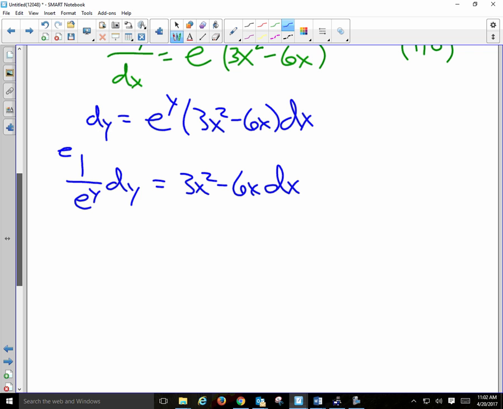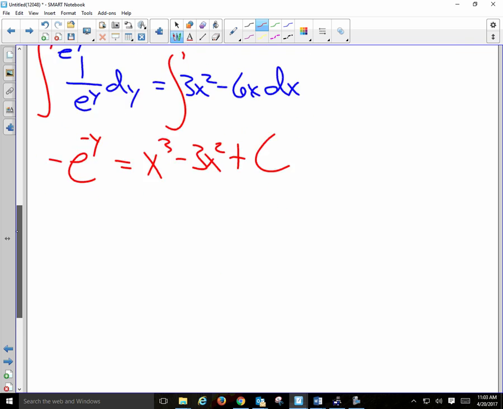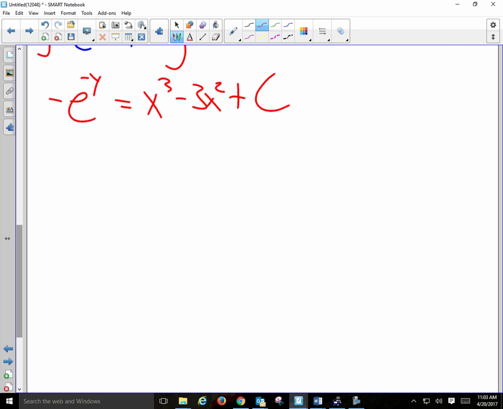Or e to the negative y, correct? So when I do the integral and I take the antiderivative of e to the negative y, what do you get? Negative e to the negative y. The antiderivative of e to the x is e to the x. The antiderivative of e to the negative x is negative e to the negative x. What point would I like to use? 1, 0.